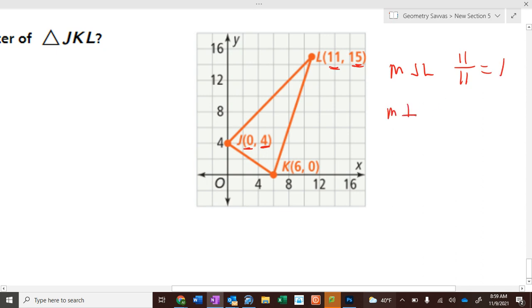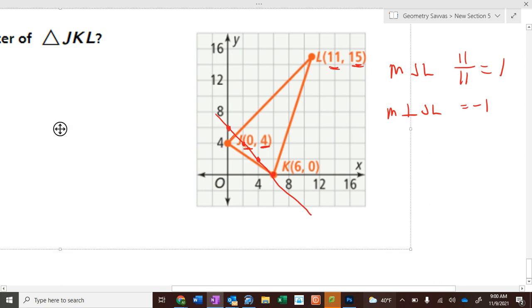What's the slope of the perpendicular to JL? -1. Okay, -1, because it's opposite and it's reciprocal. So if JL is here, I go from K and I go -1. So I go back 1, up 1, back 1, up 1, back 1, up 1. So I go like this.